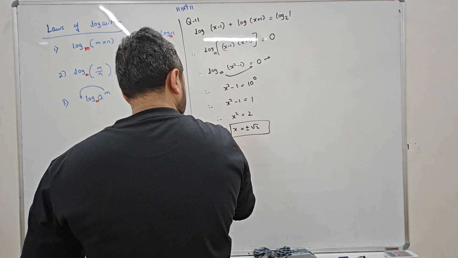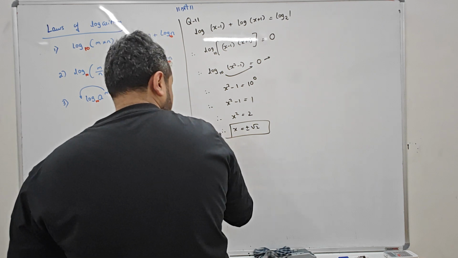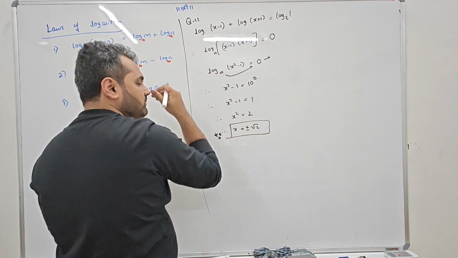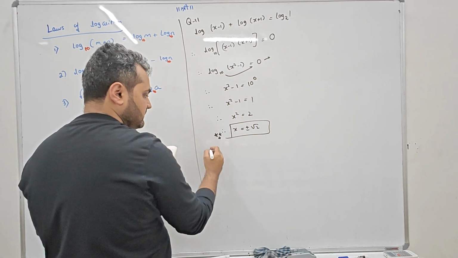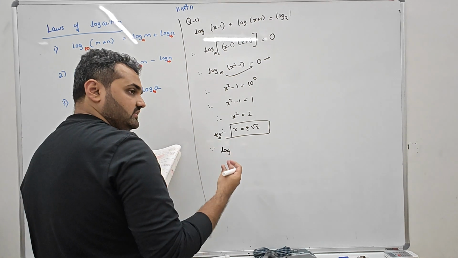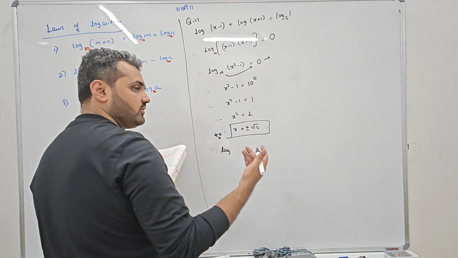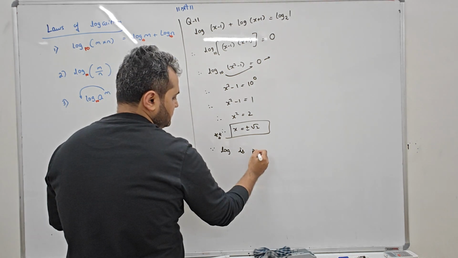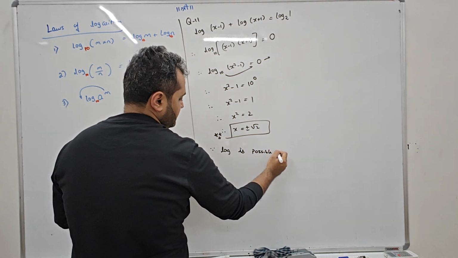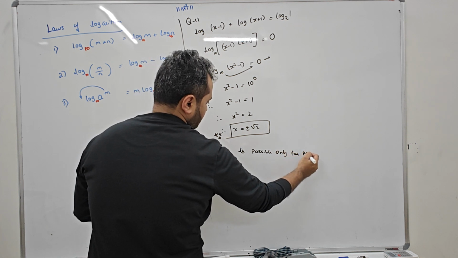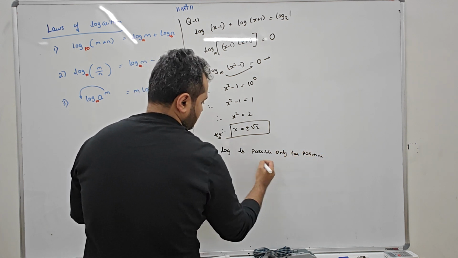But now please understand, very important thing I am going to say. Everyone please pay attention. Log of a negative number does not exist. Logarithm is possible only for positive real numbers.